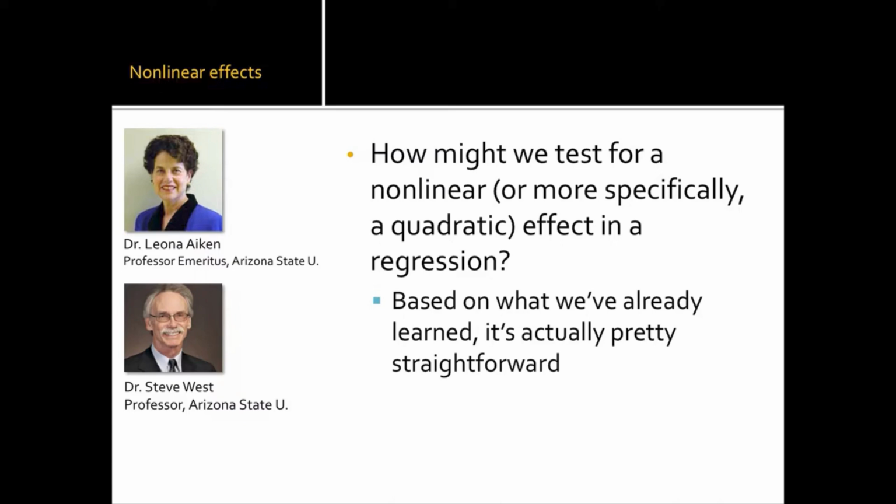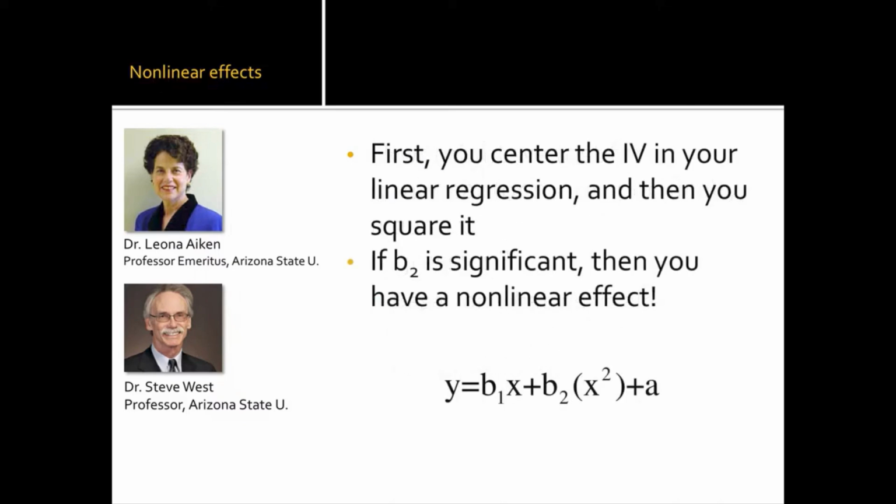Generally, for nonlinear relationships here, we need to use a squared term in our regression model, and it sounds more complicated perhaps than it actually is in practice based on what we've already learned. All we do is, well, so this will look familiar.